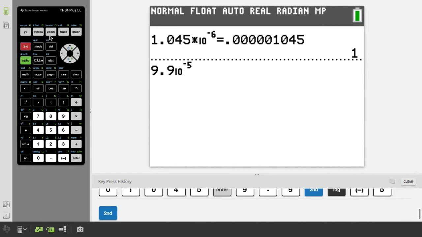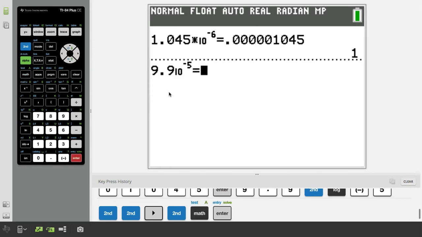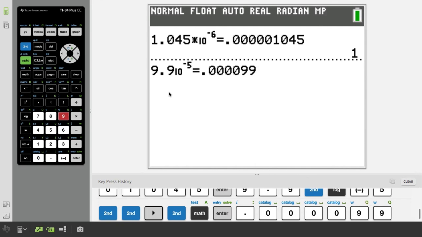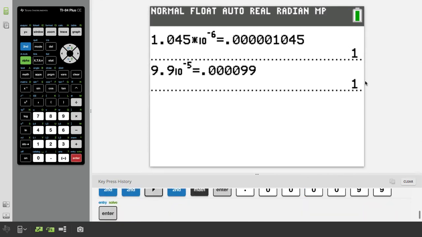Got to hit my over arrow. And we want to know if that's the same thing as 0.000099. And guess what it is? Noticing that I didn't have to put that multiplication symbol. See? But I can put it either way. All right, so I got that one right as well.